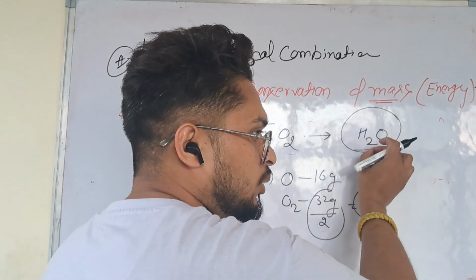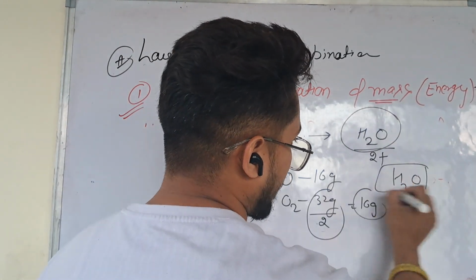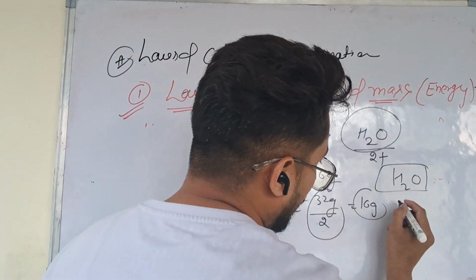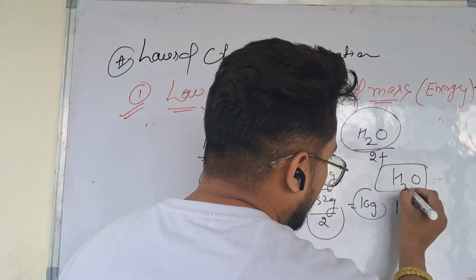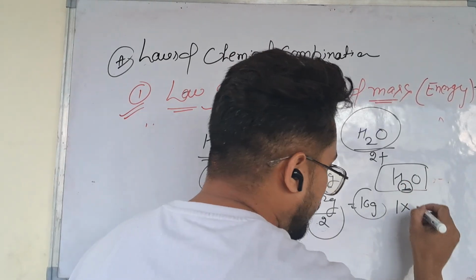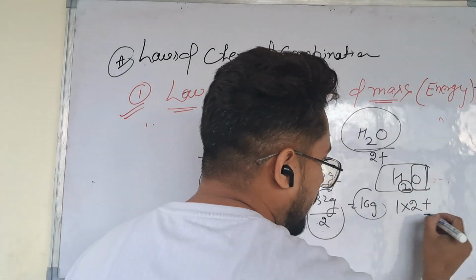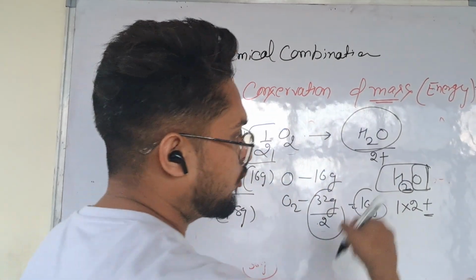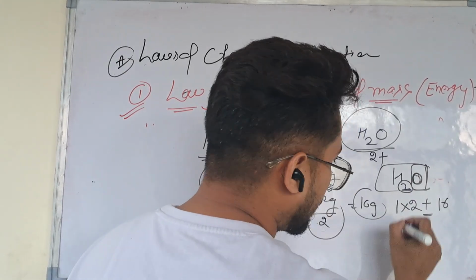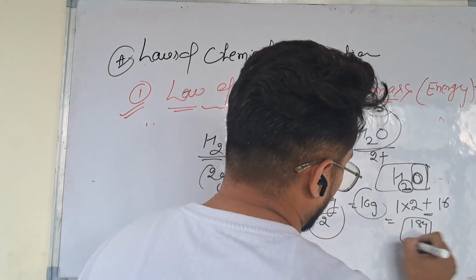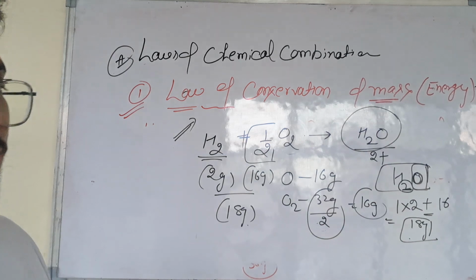The weight of the individual atom plus the weight of the individual atom. जैसे for example H2O है, कैसे इसका weight निकालेंगे? We know that the weight of one hydrogen atom is 1, and here there are 2 hydrogen atoms, so it is multiplied by 2. Next atom जब भी ऐड होगा molecule में, यहाँ पे साइन आता है प्लस. You have to add the plus, and here oxygen is only 1 atom, so it is 16. That is total weight. So 18 is equal to 18. It means this reaction is also following the law of conservation.